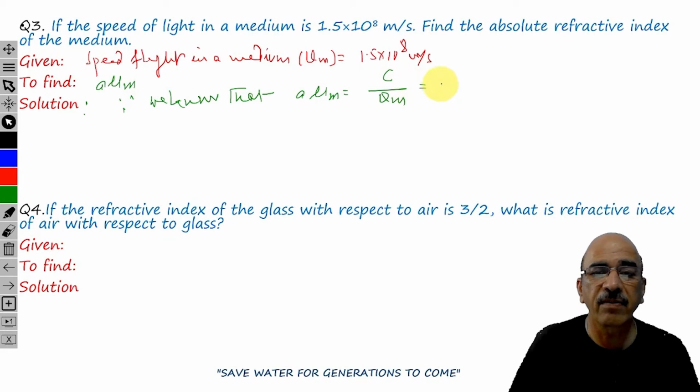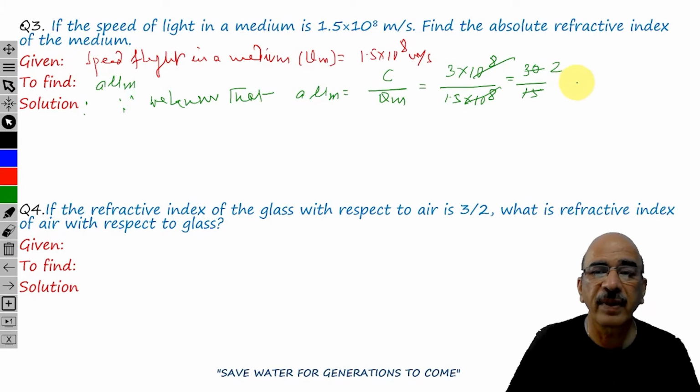So here C is 3 into 10 raised to power 8, and here it is 1.5 into 10 raised to power 8. So cancel, and the point has been removed, so it becomes 30 upon 15.